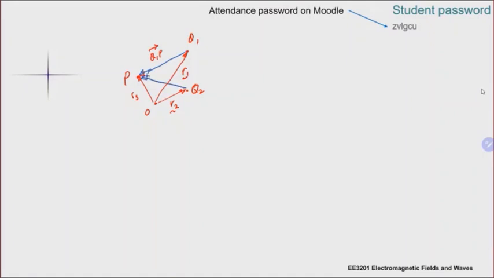Then this is another vector from Q2 to P. Okay, so Q1P vector equals R3 minus R1. That will be (2, 1, 0) minus (1, 1, 1).